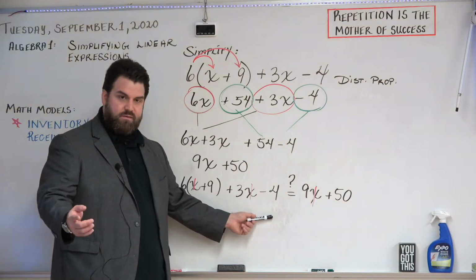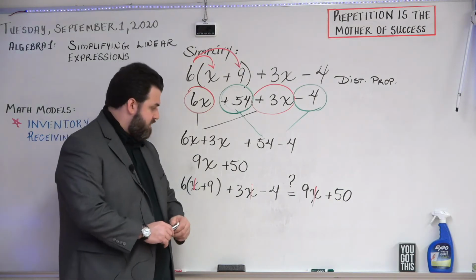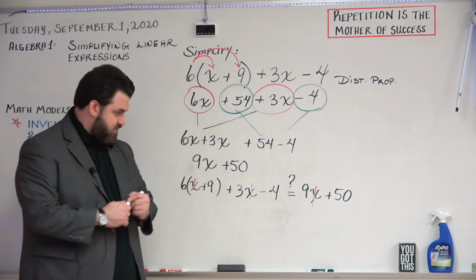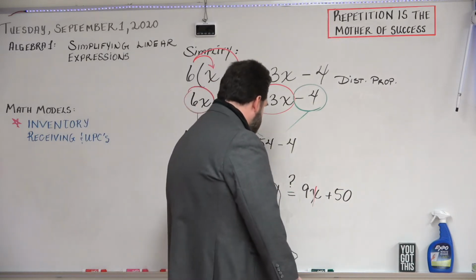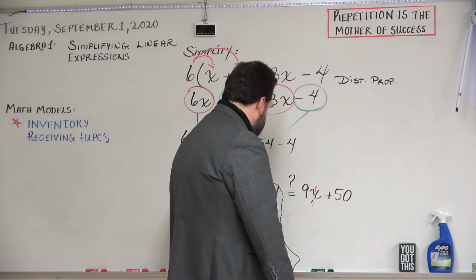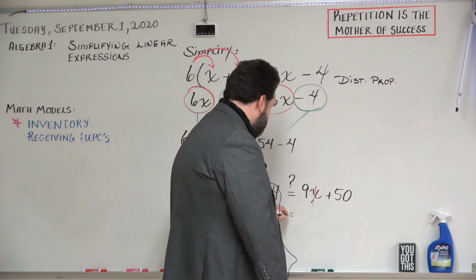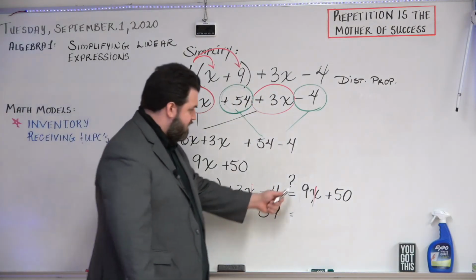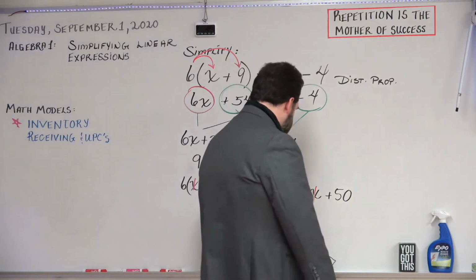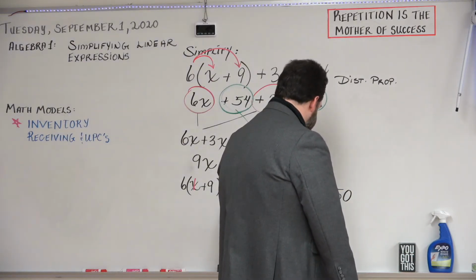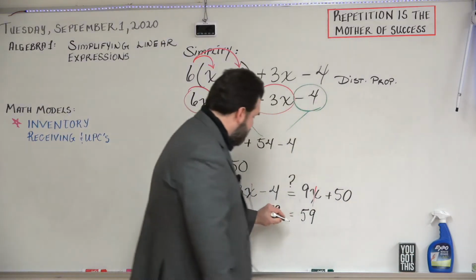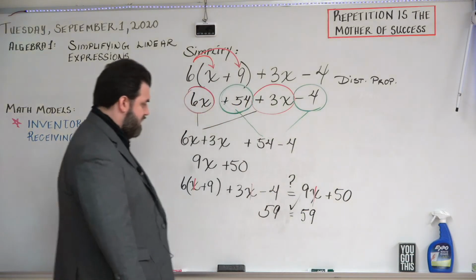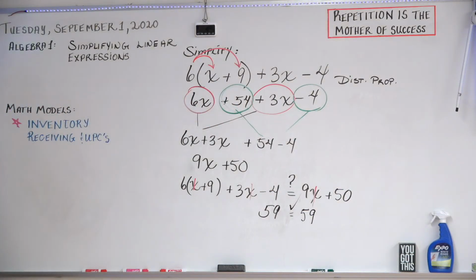Is that right? Is 63 minus 4 59? Good. So we think the left side, if x equals 1, would be 59. What's 9 times 1? What's 9 plus 50? Nice. So we proved it. Okay, 59 equals 59.